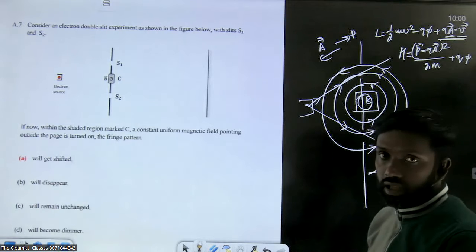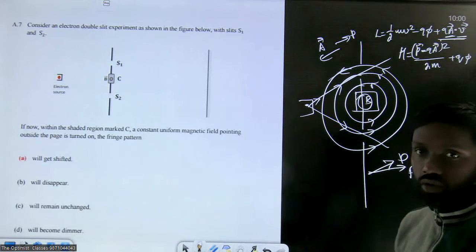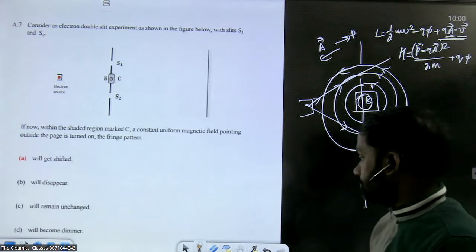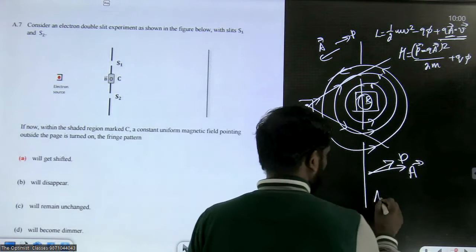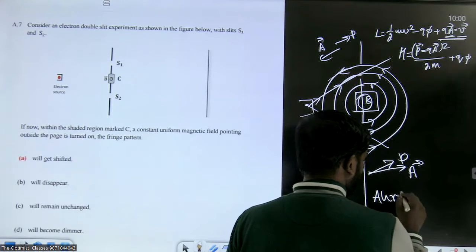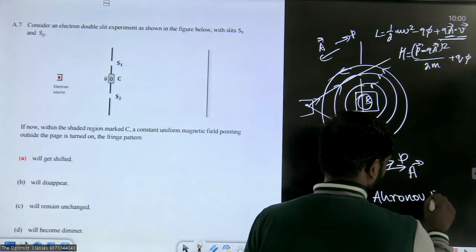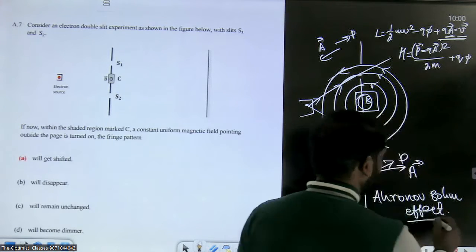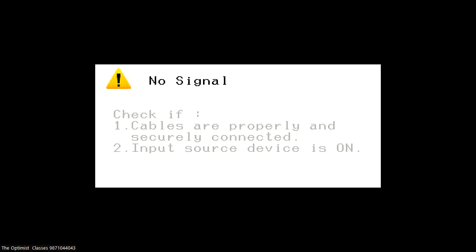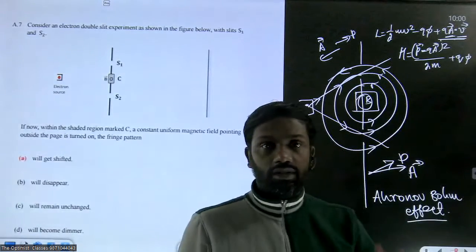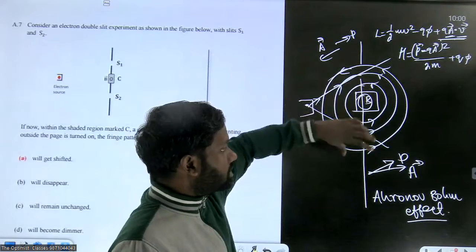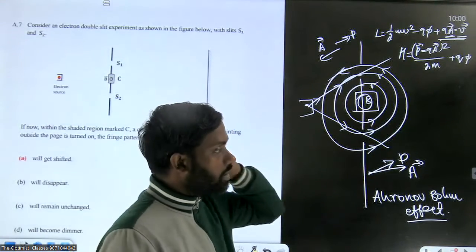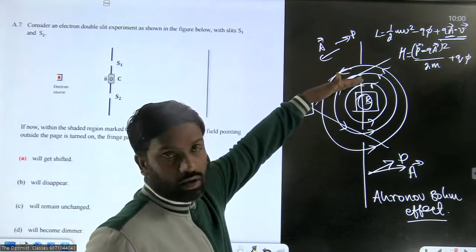There is a quantum mechanical phenomenon related to this, which is called the Aharonov-Bohm effect. The main explanation is something like this: because of the presence of the vector potential, there is a phase change in the wave function of the electrons of the two beams.